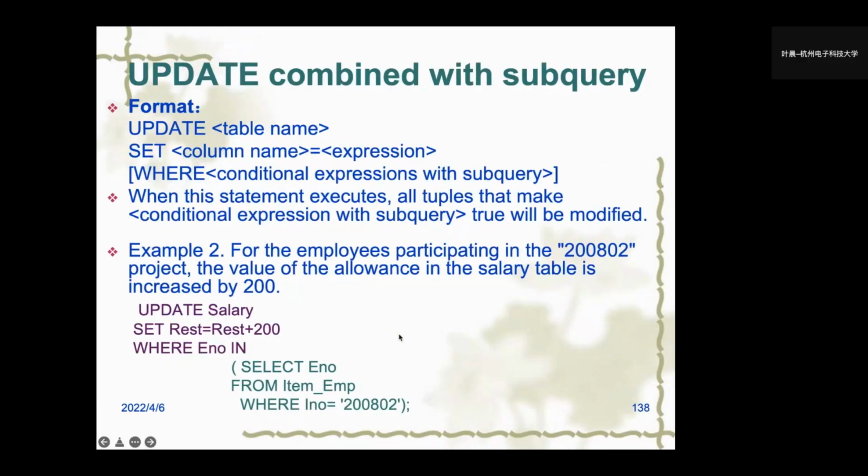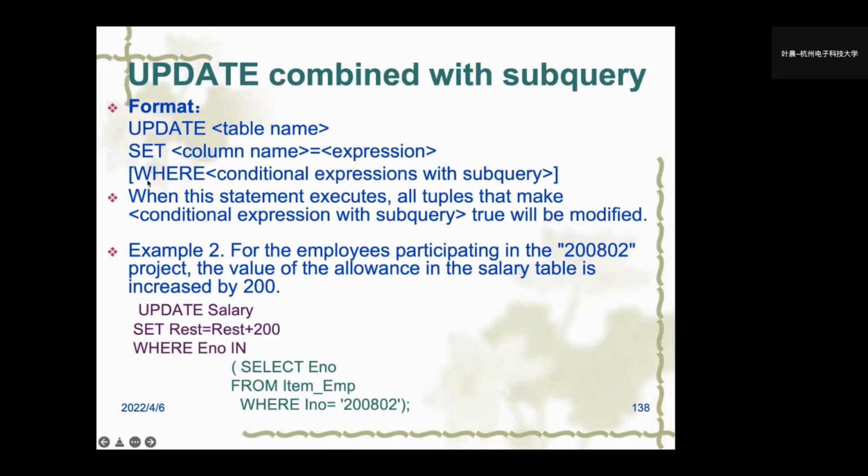And then let's see how to use update combined with a subquery. The format is update table name set column name equal to expression, which we learned in the previous class. Using this format, you can update some columns in a table with an expression.